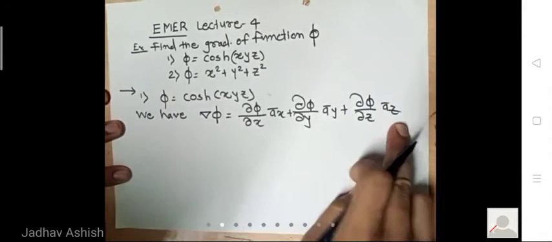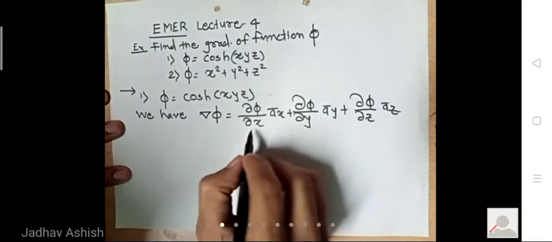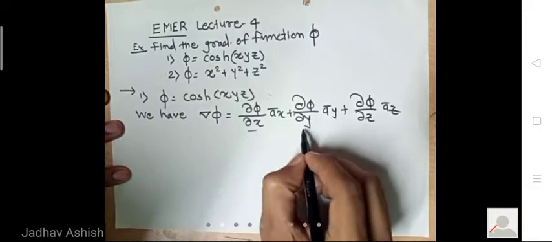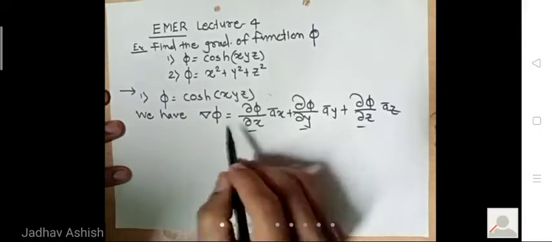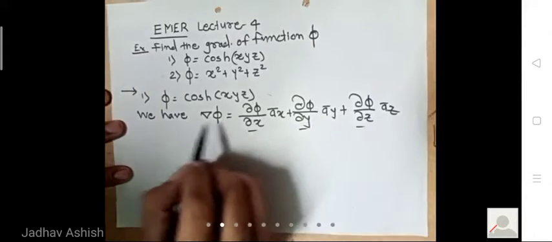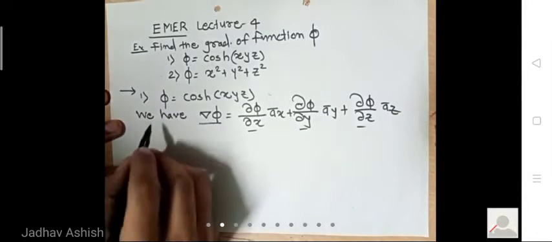This is the formula. Now we are going to find the values of dou phi by dou x, dou phi by dou y and dou phi by dou z. If you find the individual values of those terms, you will be able to find the gradient of phi.